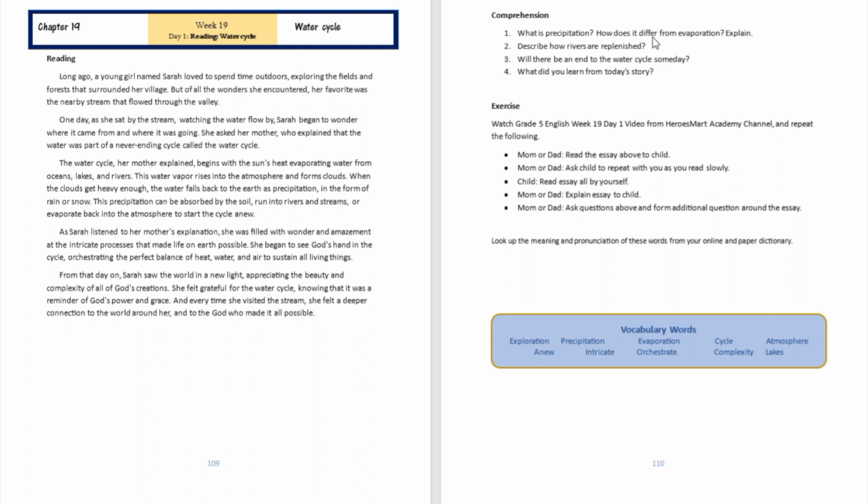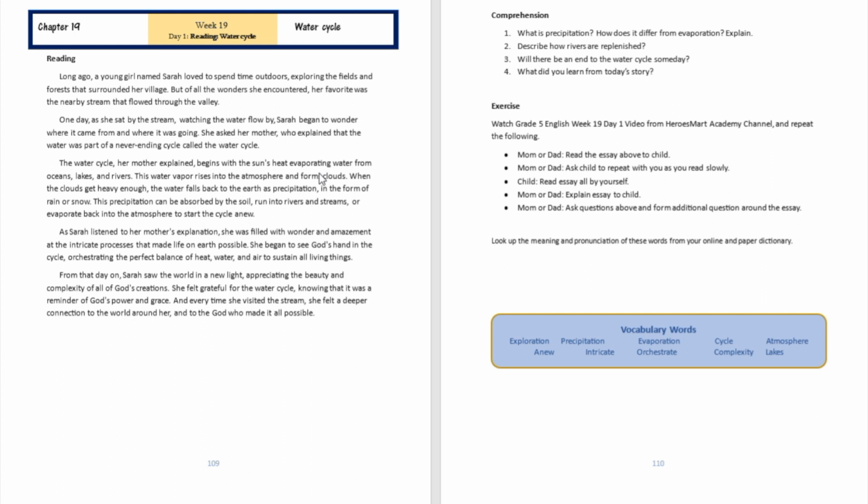As Sarah listened to her mother's explanation, she was filled with wonder and amazement at the intricate processes that made life on Earth possible. She began to see God's hand in the cycle, orchestrating the perfect balance of heat, water, and air to sustain all living things.